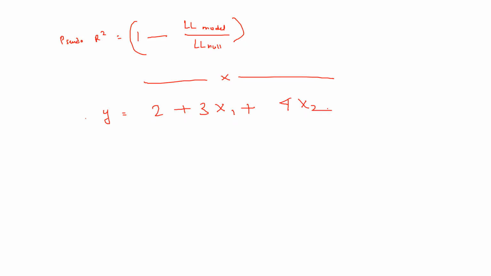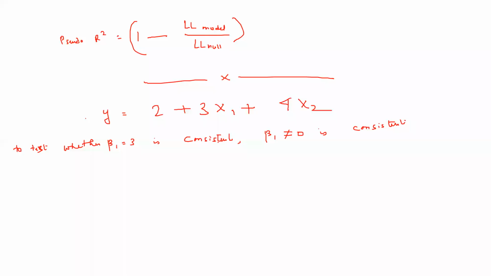So to test whether beta 1 equal to 3 is consistent, or at least beta 1 not equal to 0 is consistent, we can do a t-test.